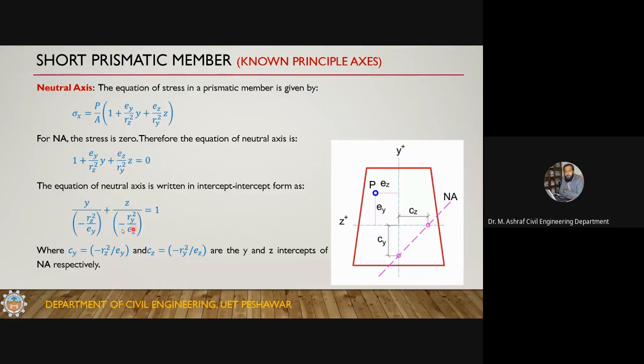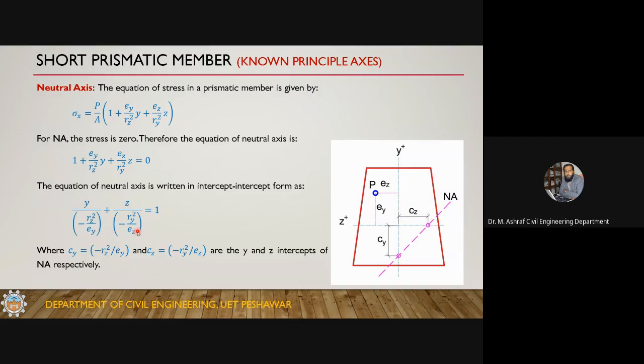If you rearrange this formula, bring this 1 to this side, minus 1, and write it in this format: Y divided by Rz square, minus Rz square by Ey, and minus Ry square by Ez. Here Rz and Ry are the cross-sectional constants, and Ey and Ez are the position of load.